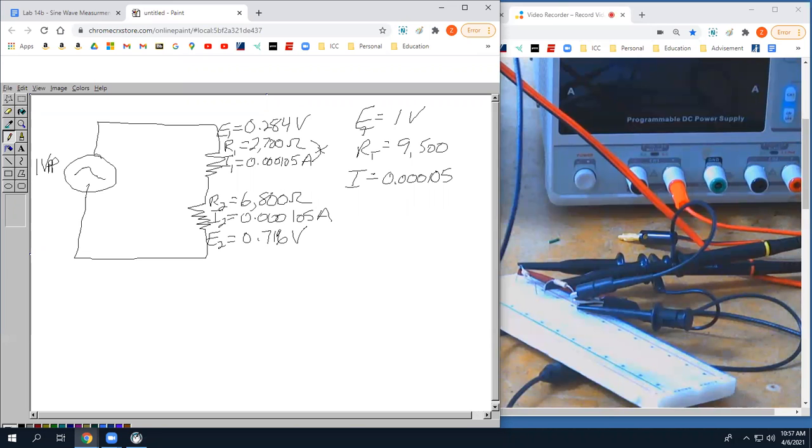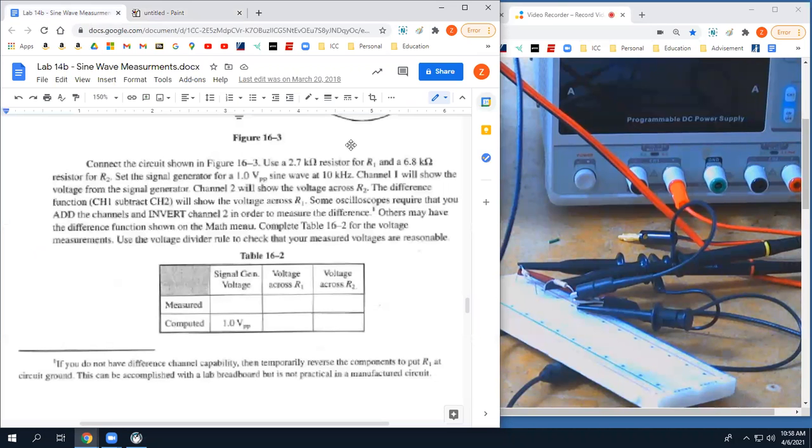So 0.284 and 0.716. Everybody good? Isn't this fun?